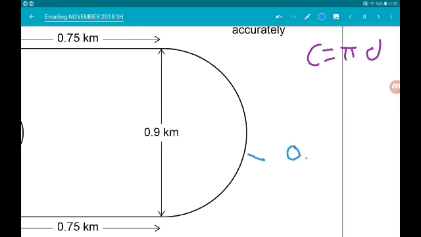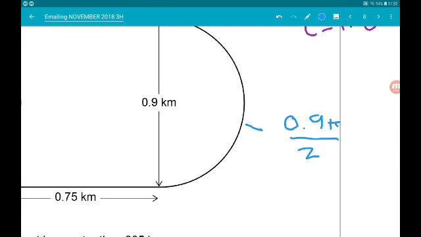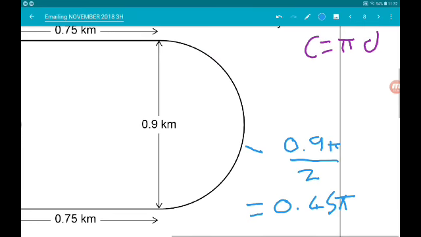So 0.9 pi over 2, well that's 0.45 pi. So that's the big semicircle arc.